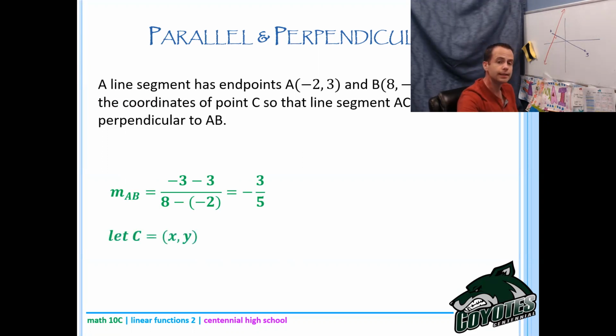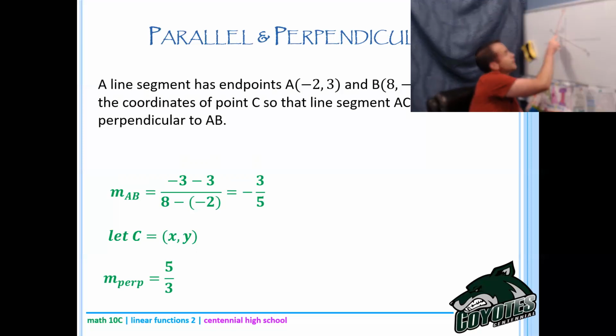So let C equal (x, y), I just mean that's some random point, okay? And I know that the perpendicular slope has to be 5/3 because I took the negative reciprocal of -3/5. So now, from here, I know that this is the point (-2, 3). So I could go up 5/3 from there. So up 5, that 3 would turn into an 8.